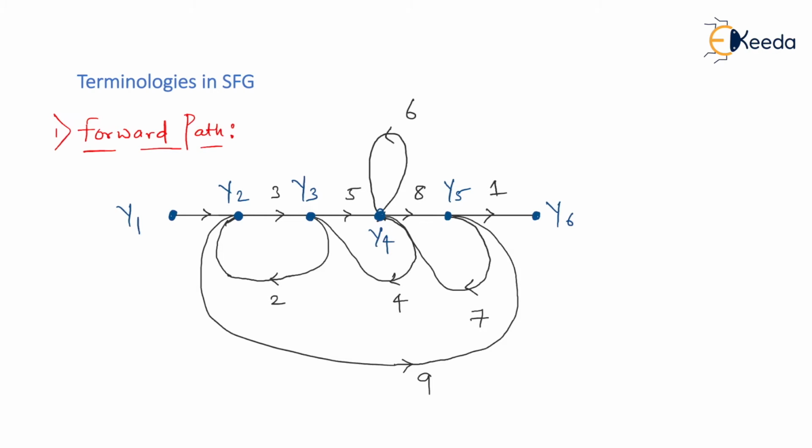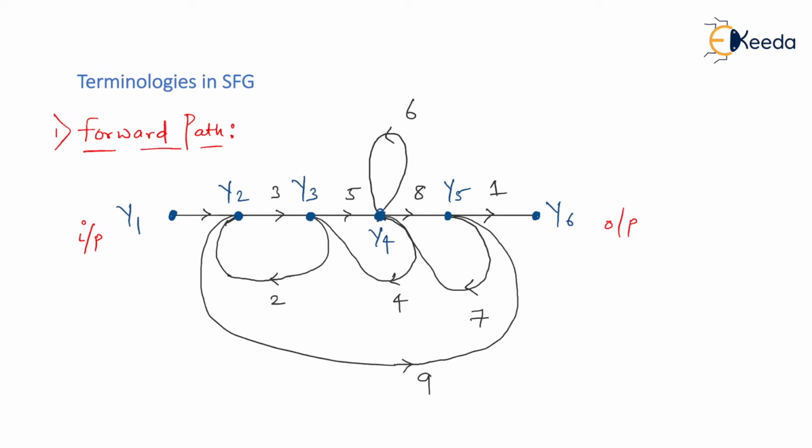See, the name says it is a forward path. It means you have to select a path in a given signal flow diagram in such a way that you will travel from input to output. So it is pretty common sense. I would say y1 as input and y6 as output. And imagine that you have to travel from y1 to y6, but then you have to always respect the arrow mark strictly.